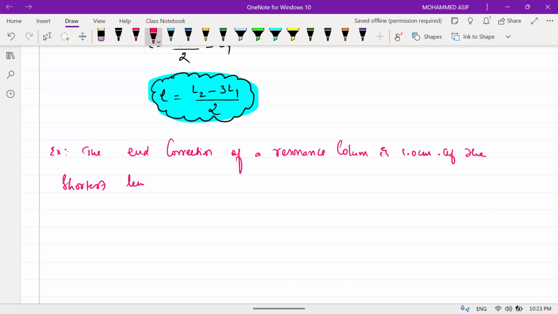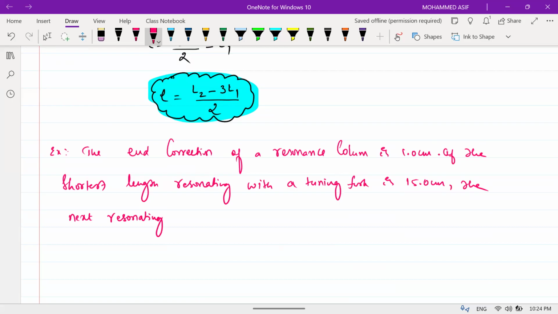If the shortest length resonating with a tuning fork is 15 centimeter, the next resonating length will be equal to how much?